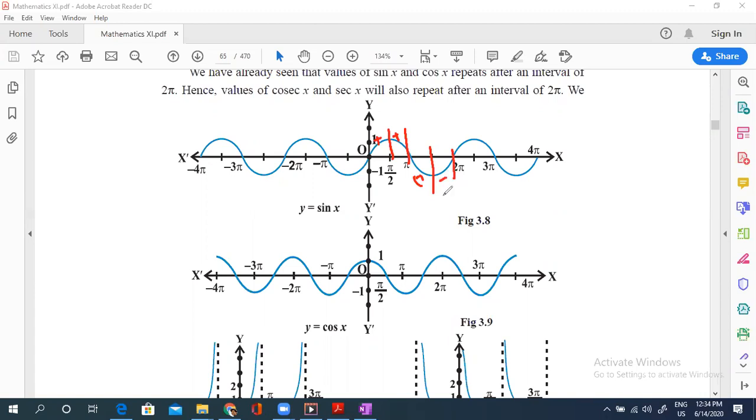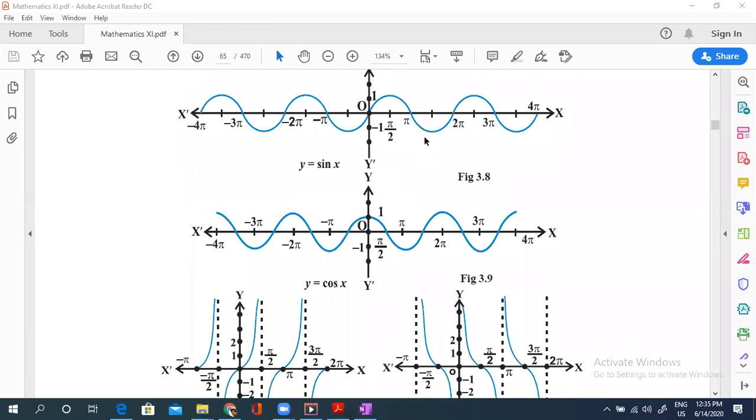And 3 pi by 2 to 2 pi, fourth quadrant, negative. Got it? Yes, yes, it will be like that. Okay? We will solve those kind of questions.